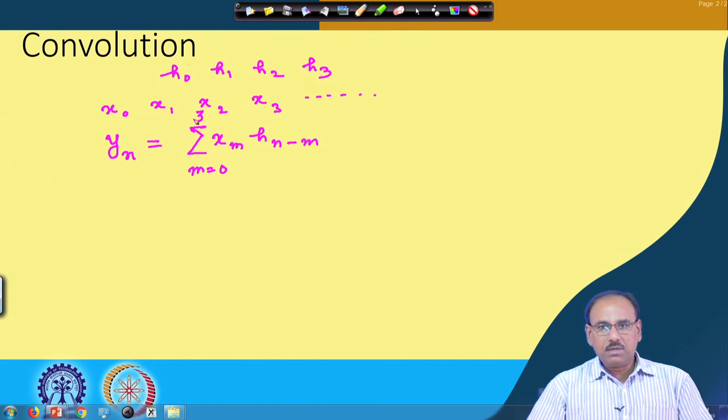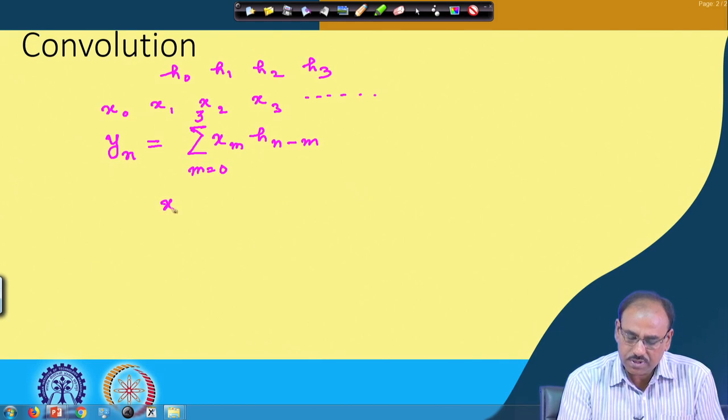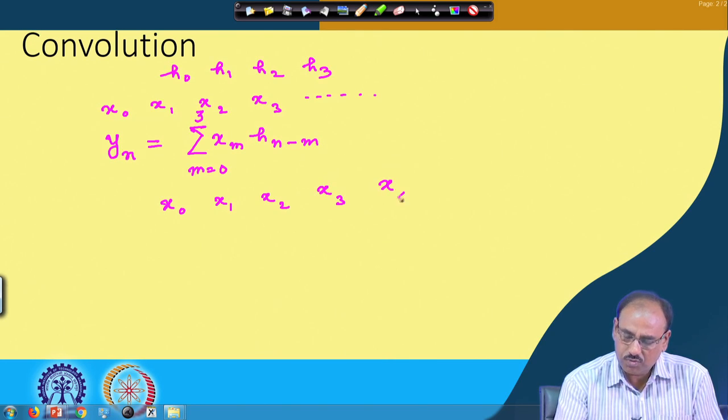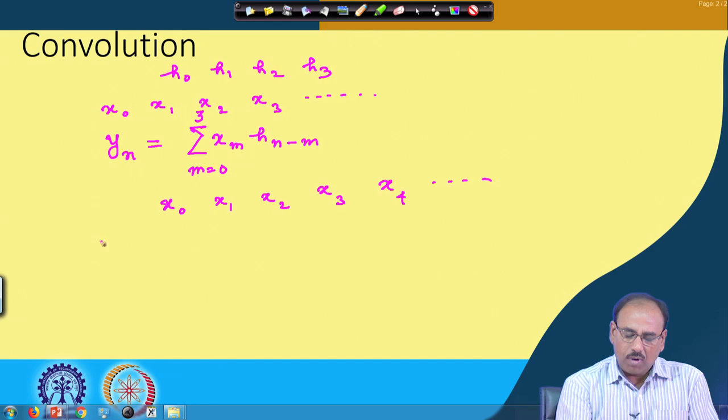What does it mean? When I try to compute the output, given this sequence of signals x0, x1, x2, x3, x4 and so on, at time t0 your output y0 is given by x0 times h0.